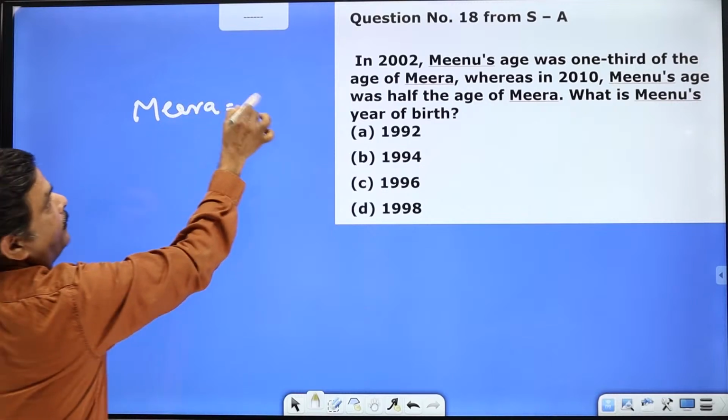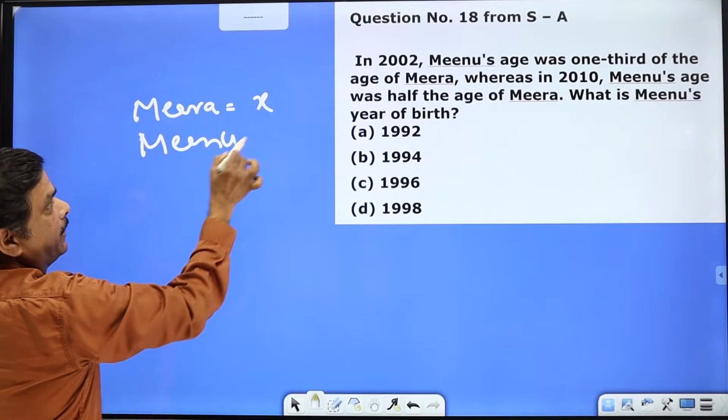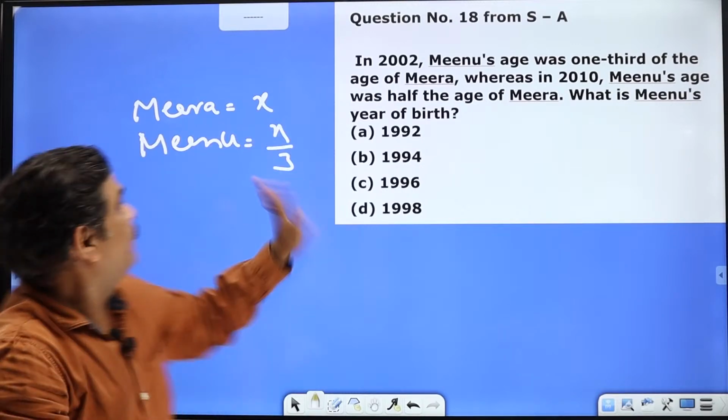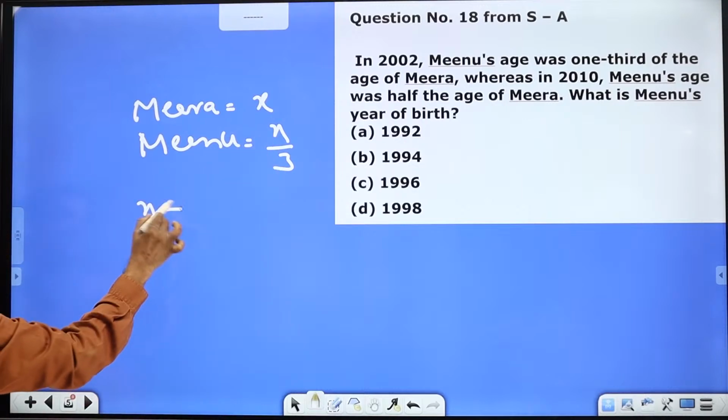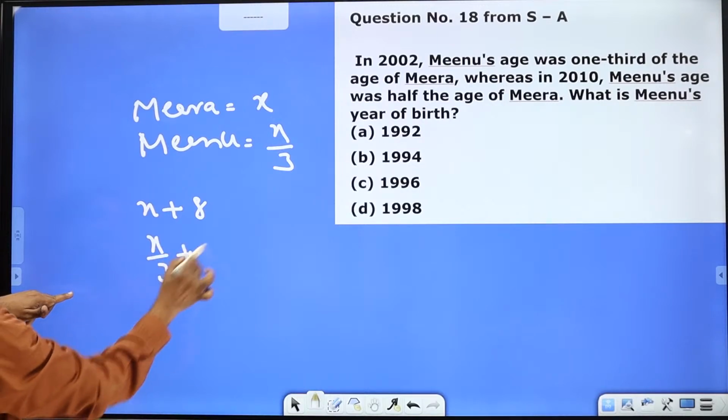Then Minu will be, in a still simpler way, X by 3. Here some fraction will be there, that's it. Then after 8 years, Mira is X plus 8, and Minu is X by 3 plus 8.